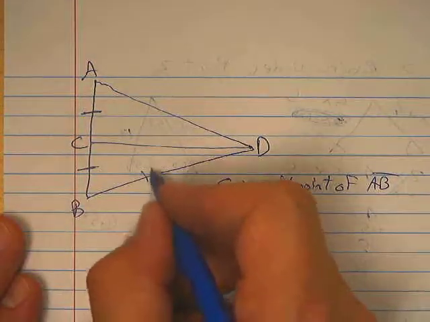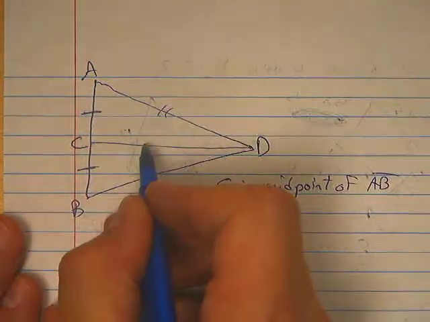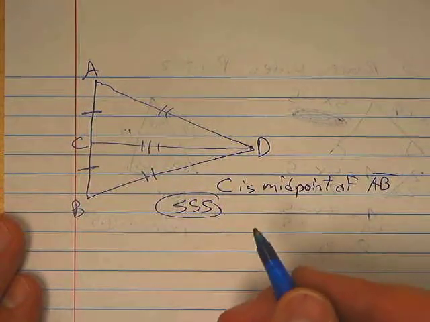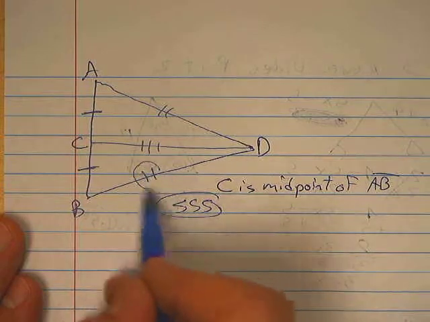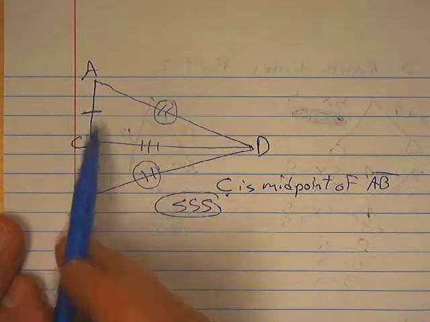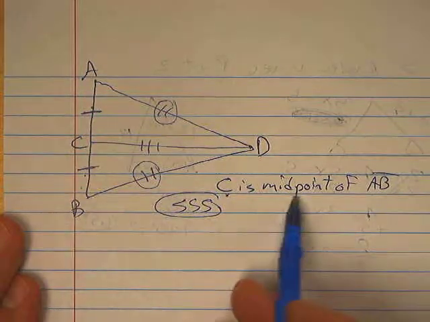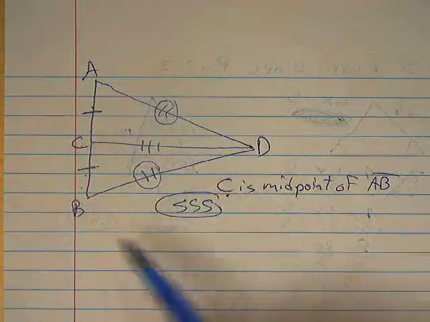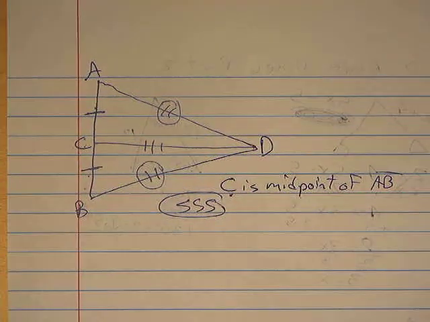What does that mean? Well, if it's the midpoint, I know it's halfway between, so I know this side's congruent and this side's congruent. Sorry, we want to assume that these are given to us. We know that these two sides are congruent because C is the midpoint of AB, and then DC is congruent to itself by the reflexive property, so this would be congruent by side, side, side.